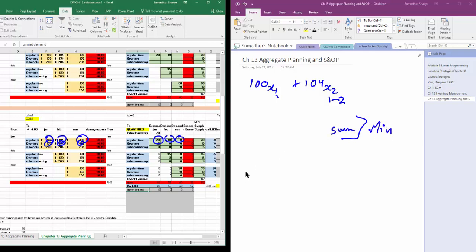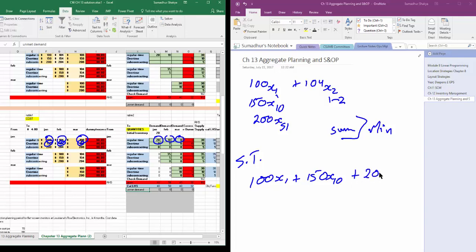That would have been our objective function, subject to the constraints: anything produced in the first period, in regular time or in overtime, let's say I'm going to call this x10 for overtime 1, and 200 x s1 subcontracted in period 1. All of these would be written as 100 x1 plus 150 x10 plus 200 x s1.